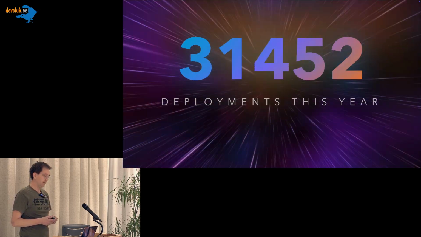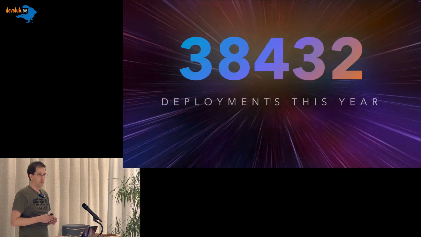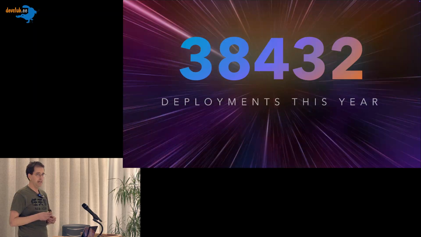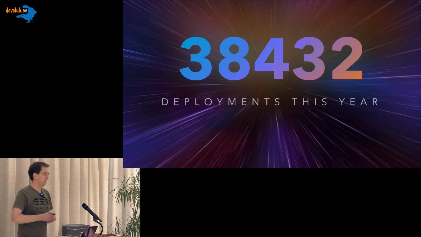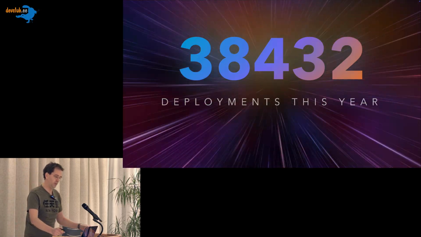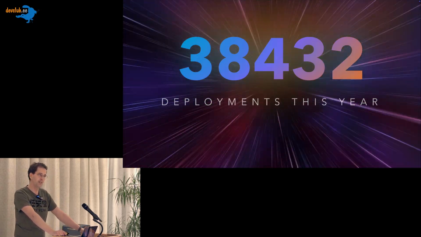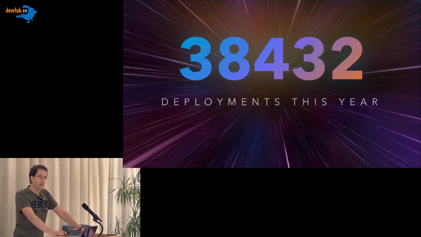Deployments this year, it's ticking and ticking and ticking. So up until 1.5 hours ago, it was 38,432. I remember the first time we said, oh, how many deployments should we actually have as target this year? The first year was 2,000. We got 2,500.